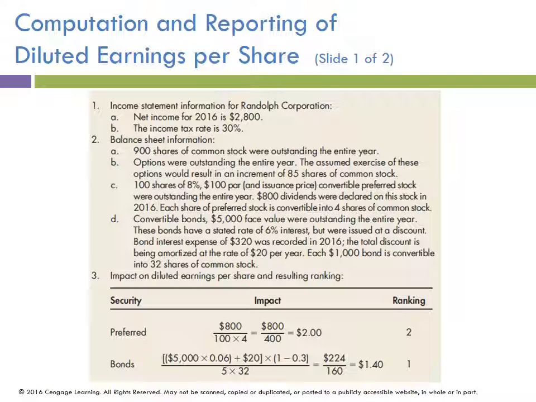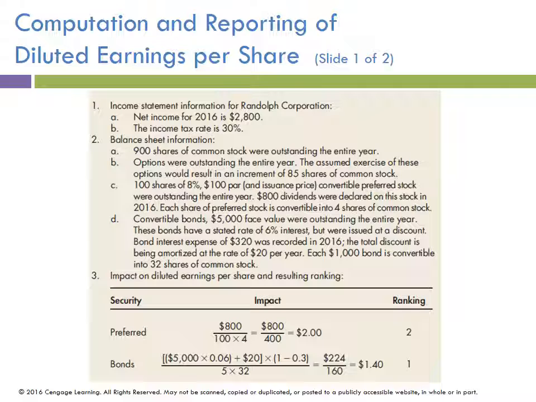Total discount is being amortized at the rate of $20 per year. Each $1,000 bond is convertible into 32 shares of stock. So they have 5 bonds that are $1,000 each, 32 shares of stock each.